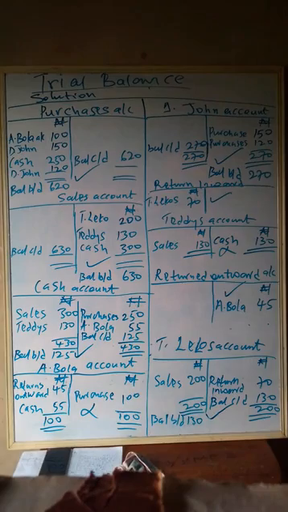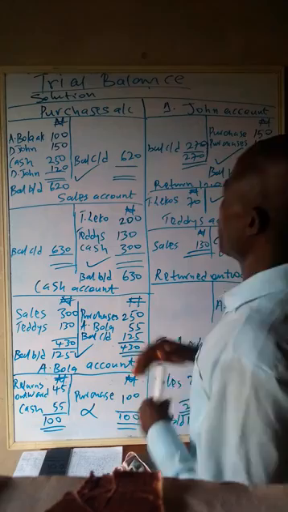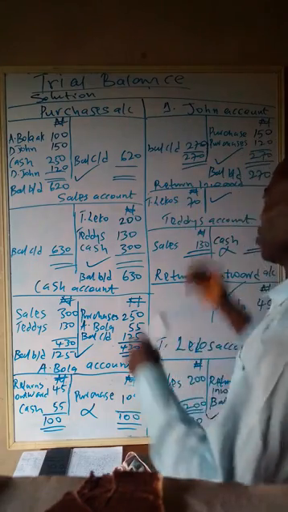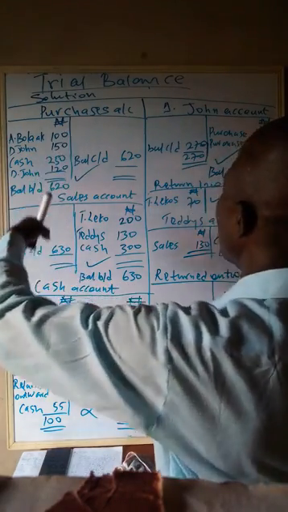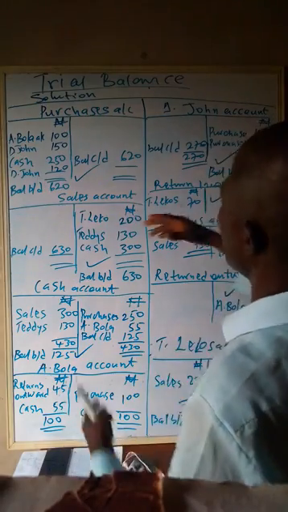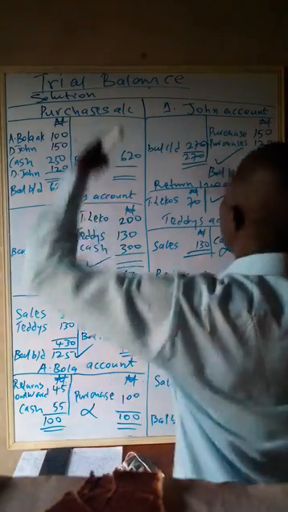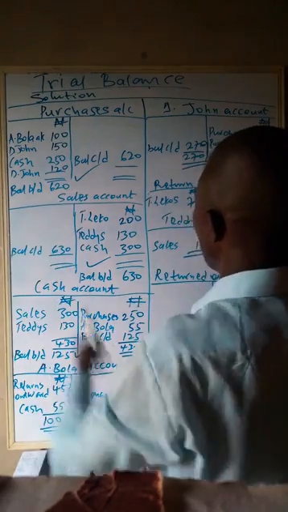So that is that. If you have been enjoying the course all along, what we are just presenting is a trial balance. Today is just the balances. Then in the next video we are going to prepare the trial balance. Look at this.